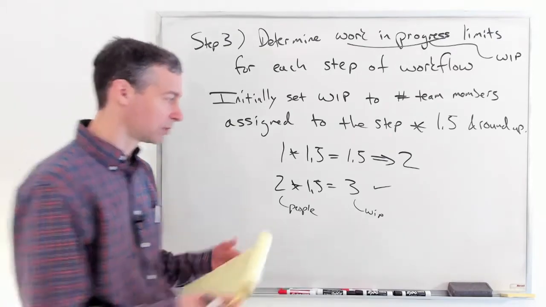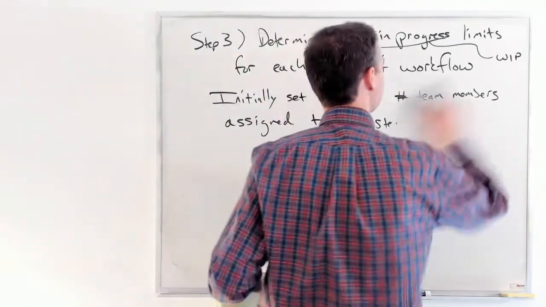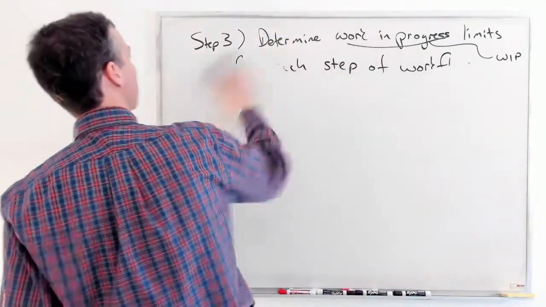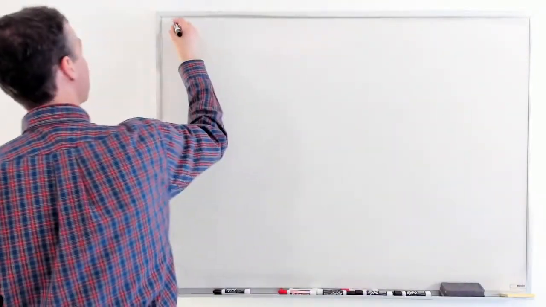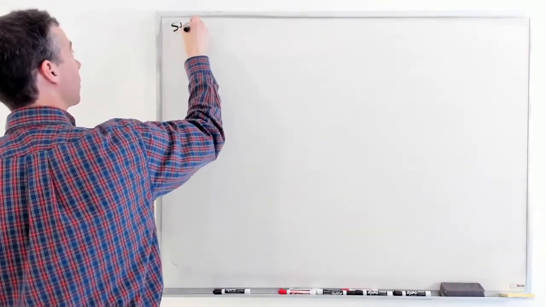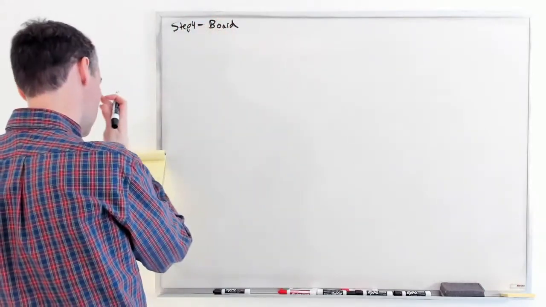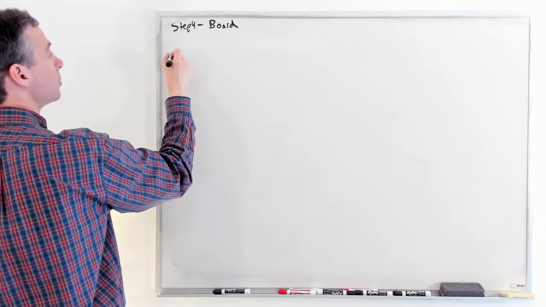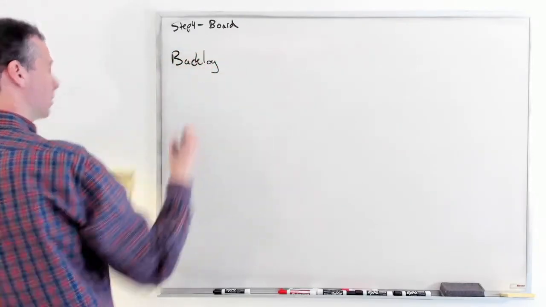All right, step 4. Let's actually see some of this now. Let's make our Kanban board. So step 4, make your board. All right, so on our board, we go far left with backlog.